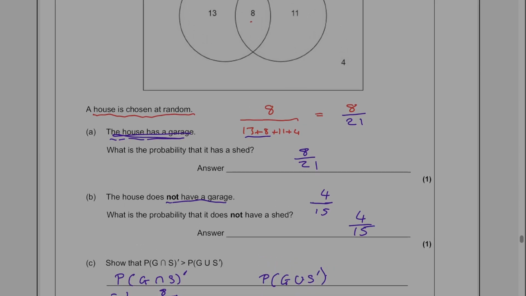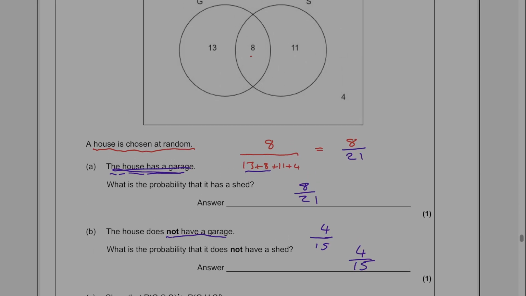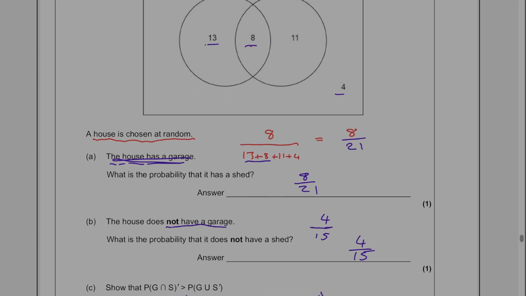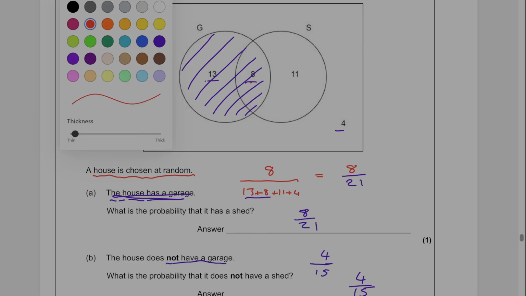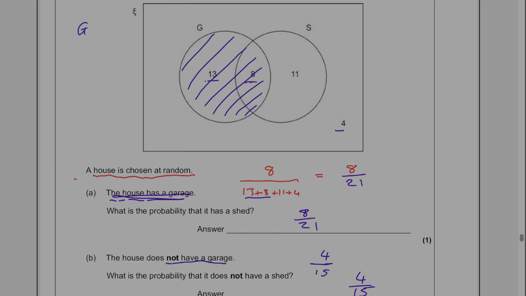Right, the union of, so that's going to be these three. And again, if we wanted to look at it in terms of shading, the probability of G is going to be these. And then the complement of S is going to be these.